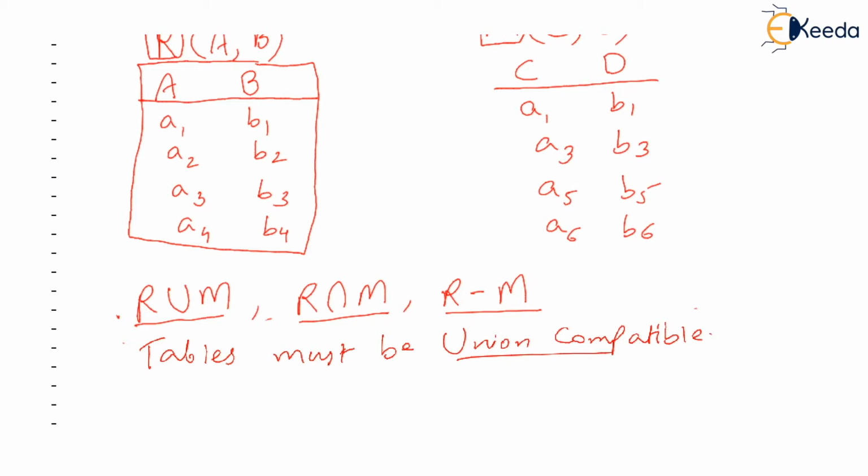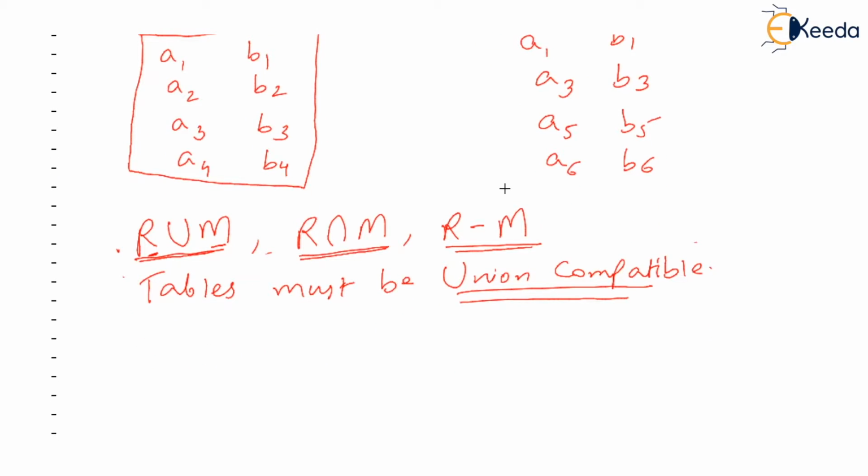This word is very important. Now what we are saying is that if we want to find out union of R and M or intersection of R and M or difference, then these two tables R and M on which we are performing the operation must be union compatible. When are the two tables union compatible?